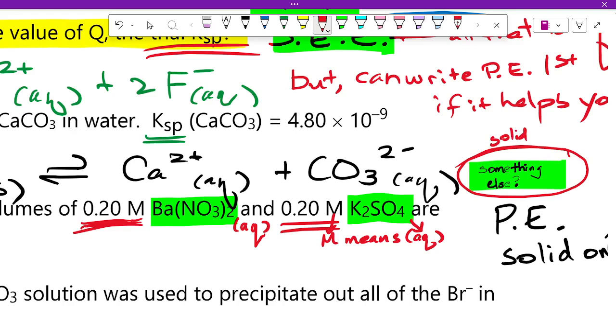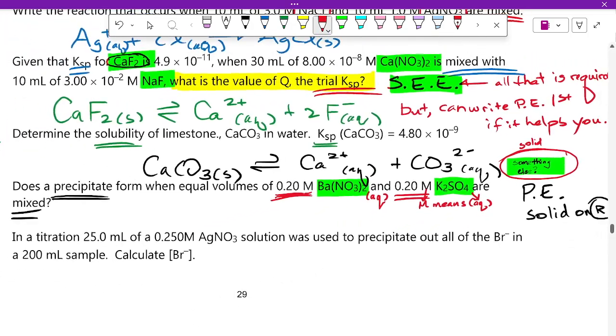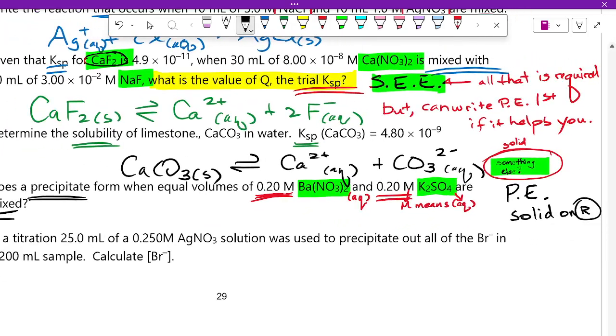After those two are mixed, we will get a precipitate. Just like you did on your quiz yesterday, the precipitate happened at the end. I gave you the compounds first, and then you got a precipitate at the end. Who will be the precipitate here?